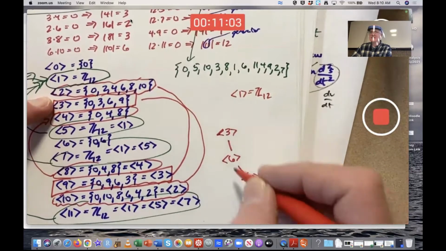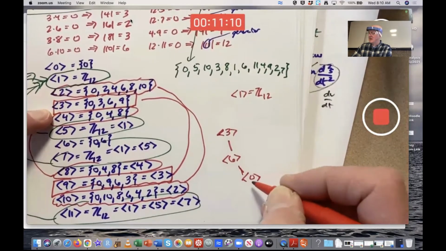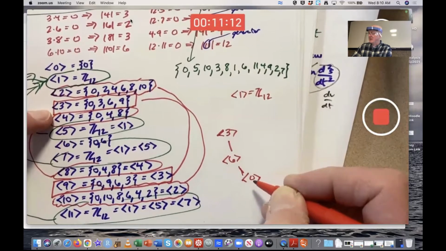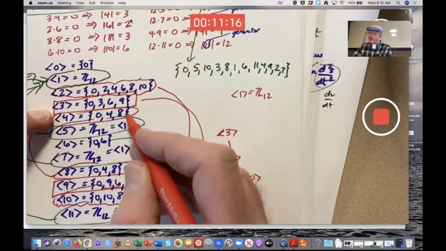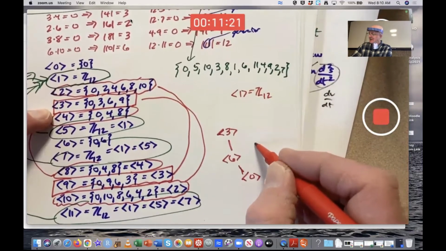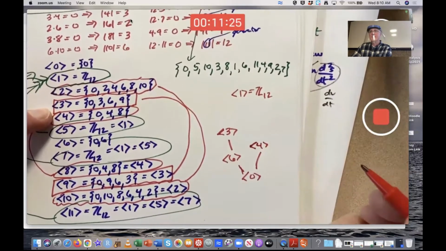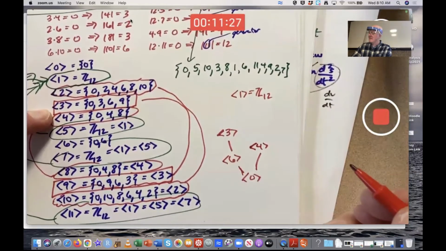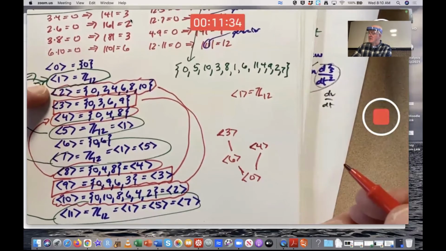I'm purposely putting these a little bit sideways. 0 is also a subgroup of the subgroup generated by 4, which is not a subgroup of this and not a subgroup of that. So I need to put it over here, maybe a little higher because it's a little bit bigger than the one generated by 6. I've also got the cyclic subgroup generated by 2, which has order 6.